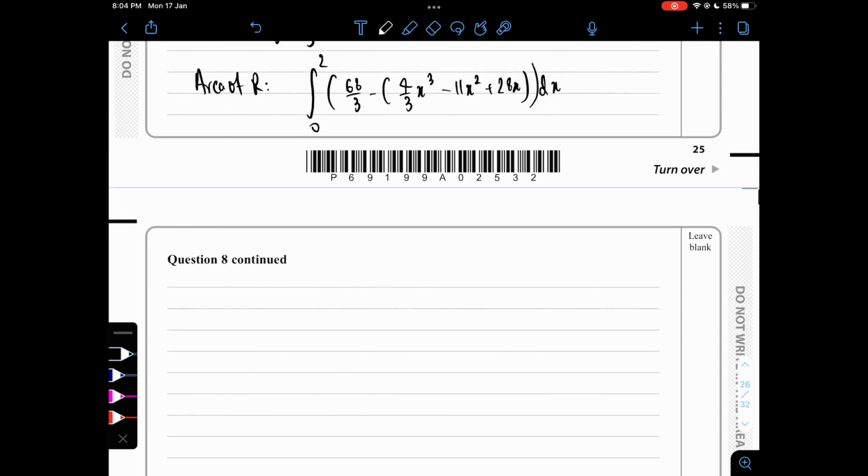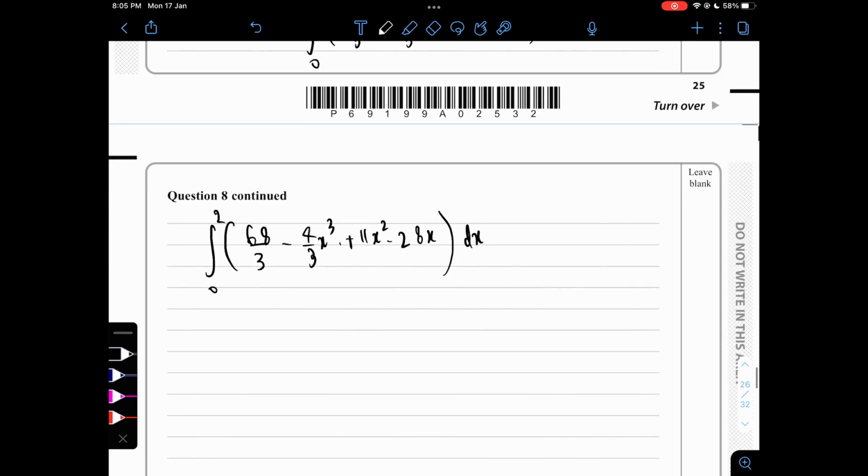This would be just 2 and 0. 68 over 3 minus 4 over 3 x cubed minus 11x squared plus 28x. Oh wait, no, not negative. That will be plus, and that will be minus. So minus 28x dx.